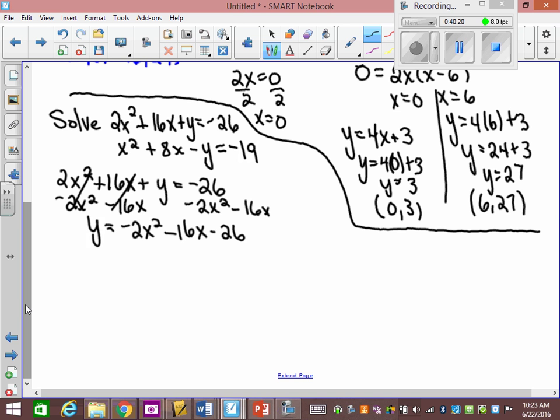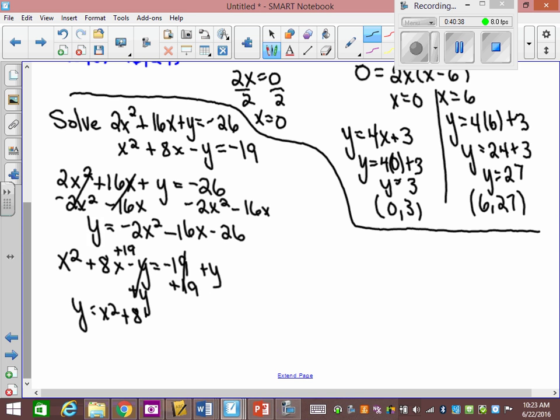Then I'm going to do the other one. X squared plus 8x minus y equals negative 19. I'm going to move the y and the 19 because I want a positive y. So I'm going to get y equals x squared plus 8x plus 19.